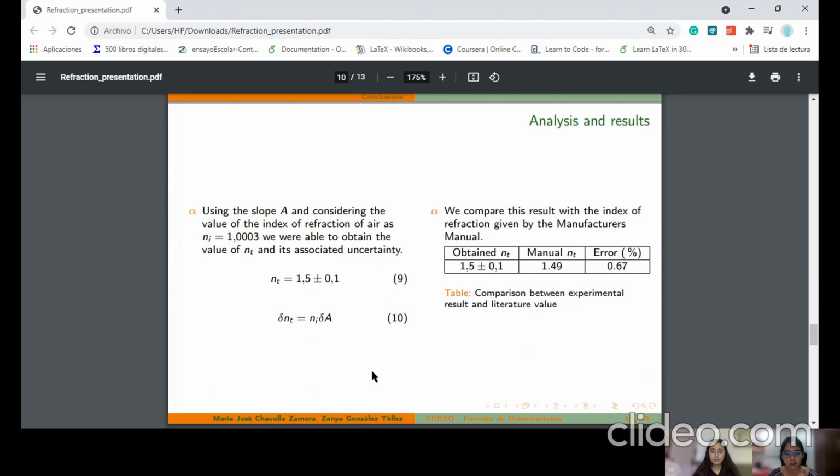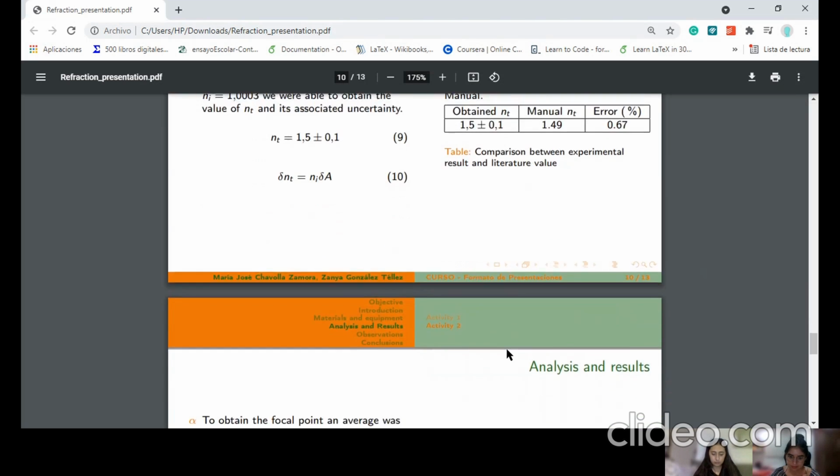So using the slope and considering the value of the index of refraction of air as 1.0003, we could obtain the index of refraction of the acrylic and the associated uncertainty that is given in equation 9. Finally, we compare the result with the index of refraction given by the manufacturer's manual, and we obtain an error of 0.67%.